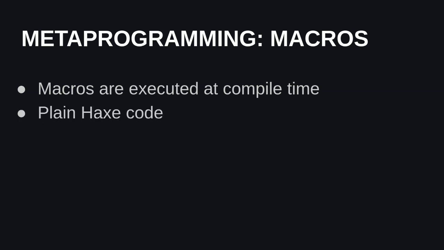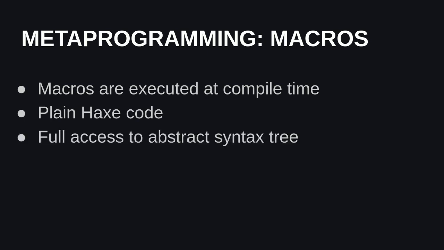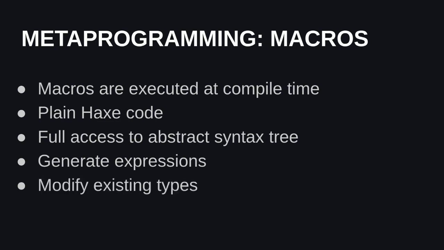Macros are written in plain Haxe code and are part of your Haxe project. They have full access to the abstract syntax tree, so you can modify or inspect the syntax tree at compile time using macros. Macros can generate new expressions or modify existing types or build new types.